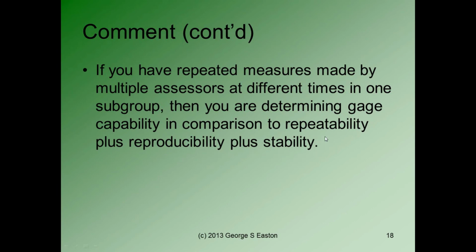Stability here is the term that captures the variation over time. Again, reproducibility is the variation between people, and repeatability is the variation of the instrument. And so if you think hard about it, you probably really want to use one of these last two cases, where you not only include variation due to the gauge, but also variation due to the assessor and perhaps variation over time as well.